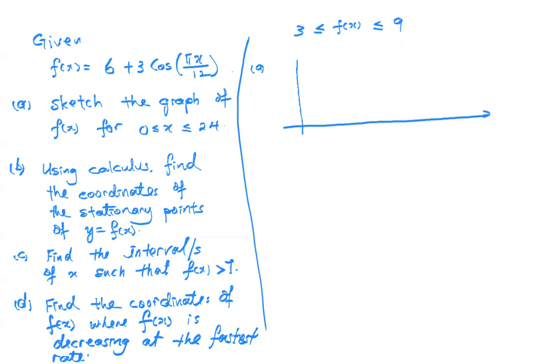So before you use your graphic calculator, I don't have to start the intersection of the axis as origin. So I can put 6 here. And I can put 3 here.